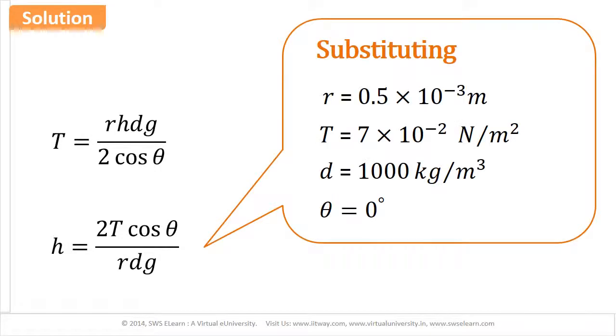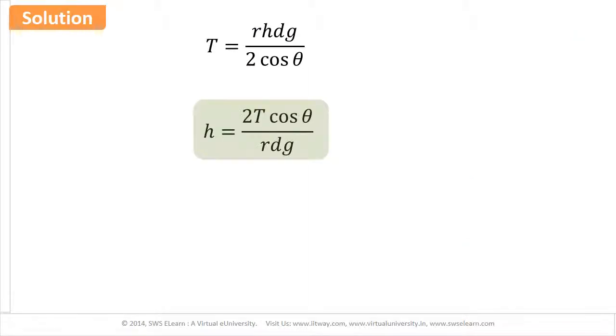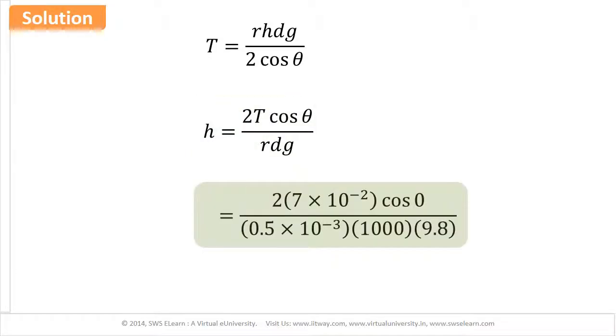and substituting the values of R, capital T, D and theta into the equation, we get H = 2T cos θ / (R D G), which is equal to 2 × 7 × 10^-2 × cos 0, the whole upon 0.5 × 10^-3 × 1000 × 9.8.